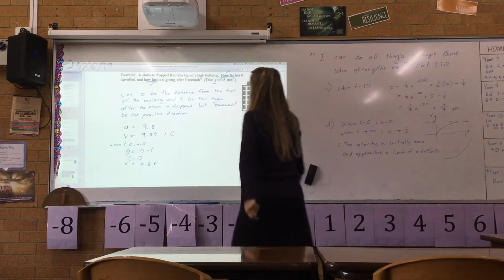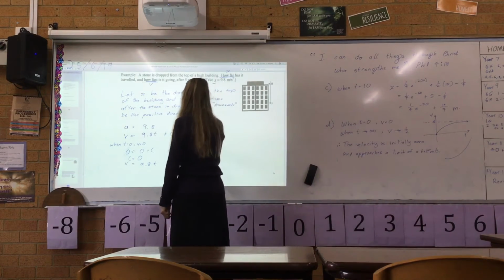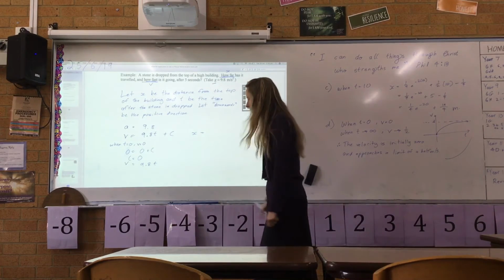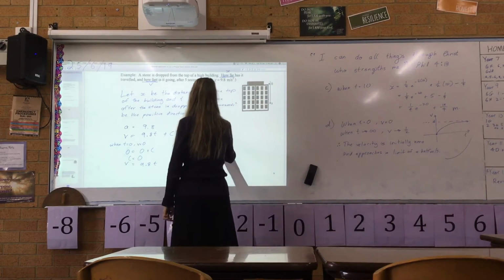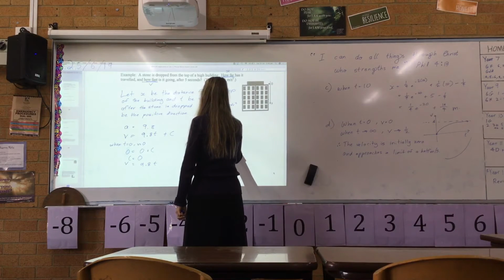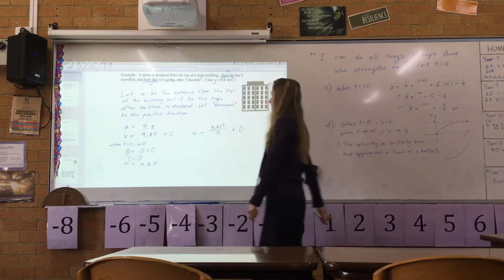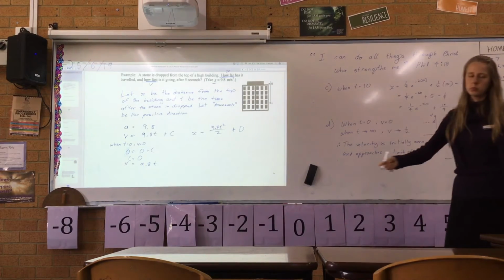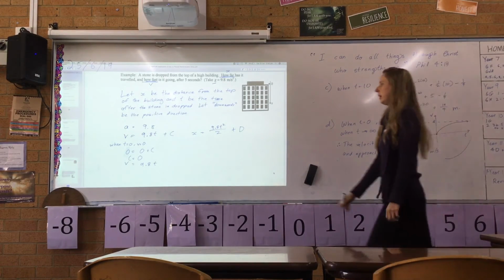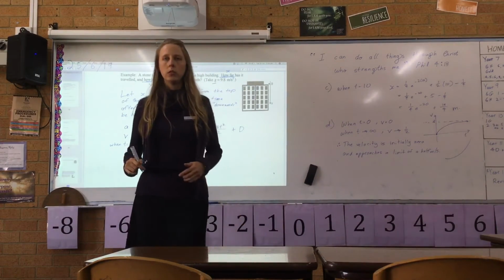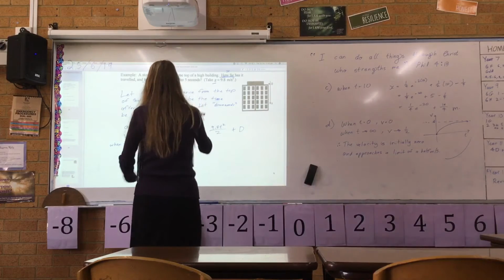Over here then I will do displacement. x, then we have to go back again. So what will this be? 9.8t squared over 2 plus d, just because it's a constant. But what is the displacement at time 0? 0, it hasn't moved anywhere at time 0.